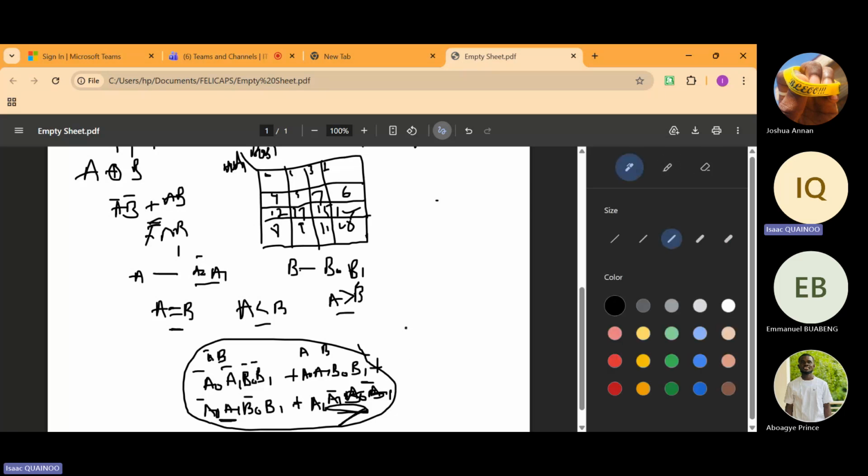So you have A0, A1, okay, and then B0, B1, and you are adding these two, A0, A1, and then B0, B1.